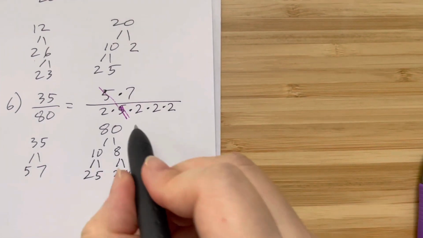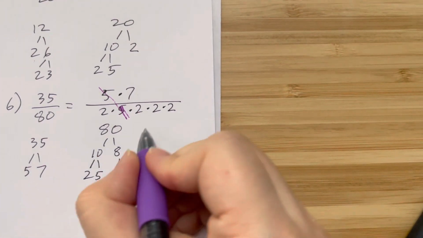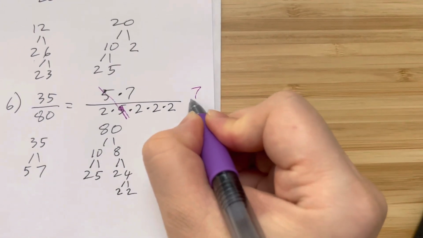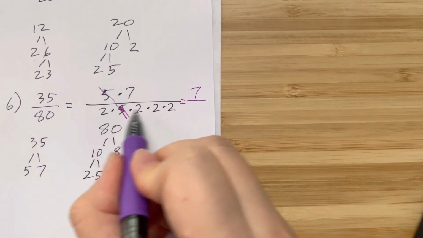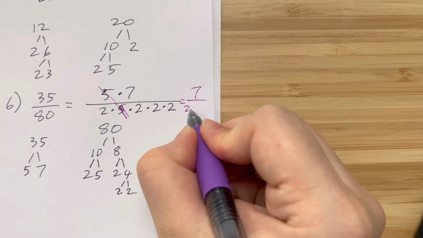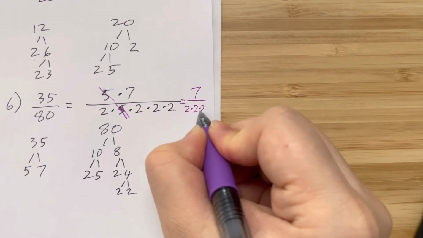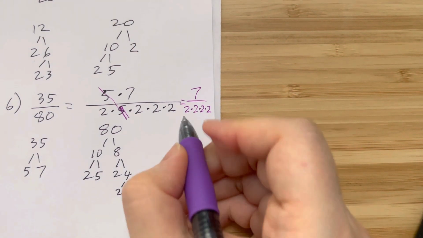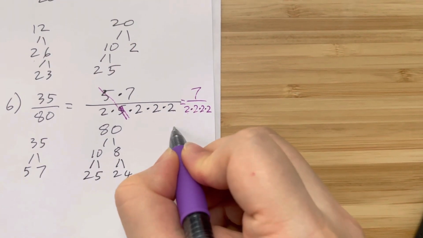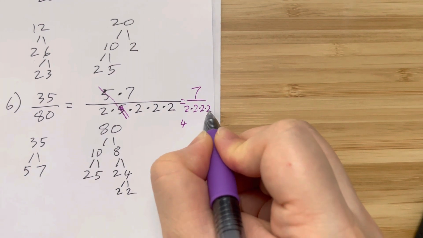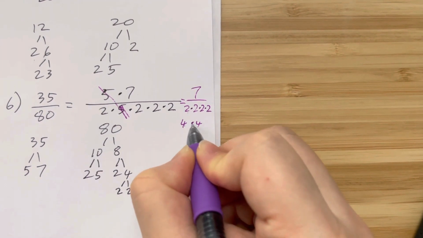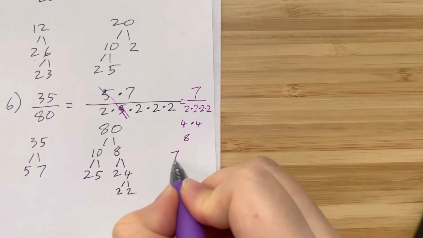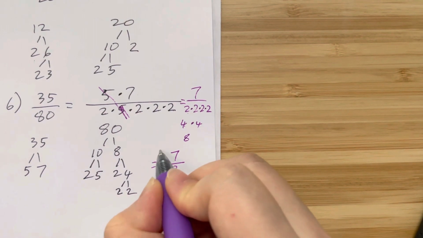So what we are left with is a 7 on top, and on the bottom 1 times 2 times 2 times 2. 2 times 2 is a 4, and then 2 times 2 is a 4, so 4 times 4 is an 8. So now we have 7 over 8.